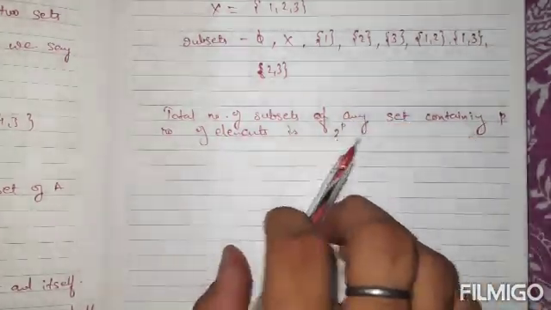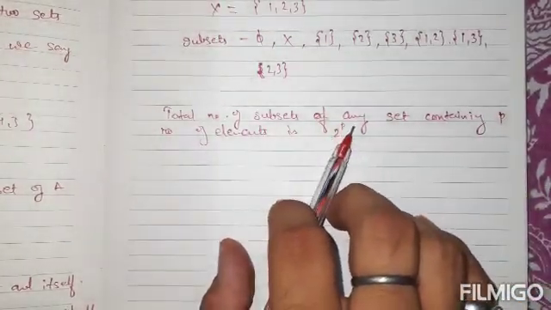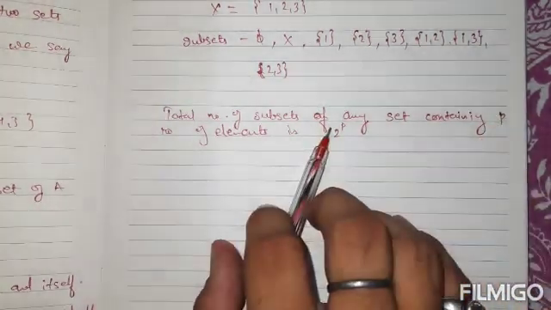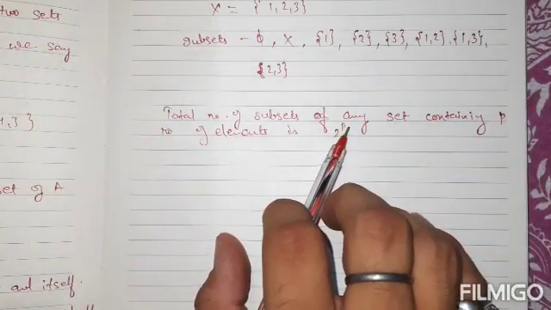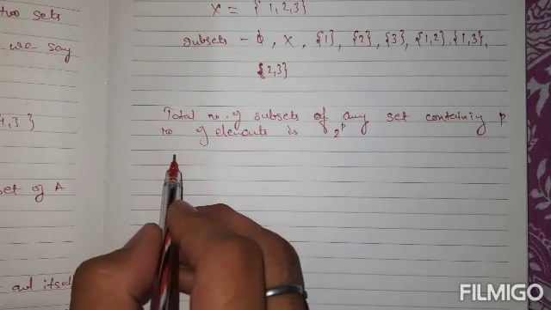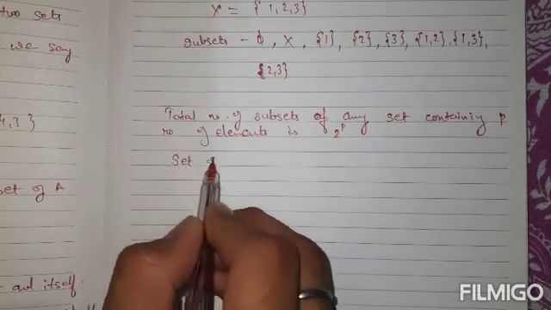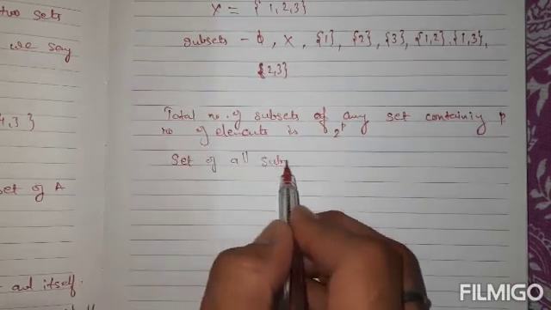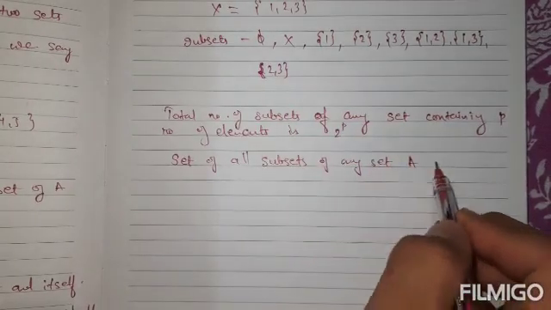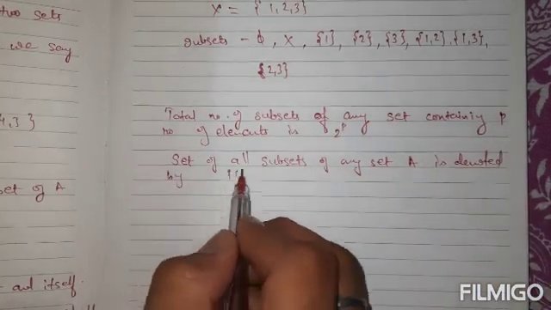If a set contains one element, then it has 2 raised to 1, meaning exactly 2 subsets. And if the set contains 2 elements, then it has 2 raised to 2, that is 4 subsets, and so on. Students, the set of all subsets of any set A is denoted by P(A).